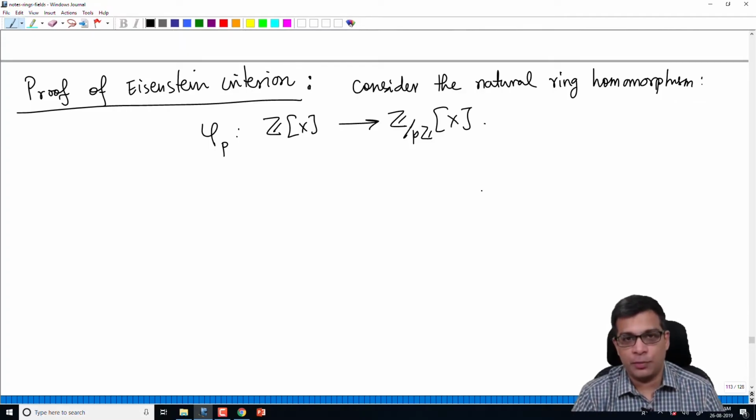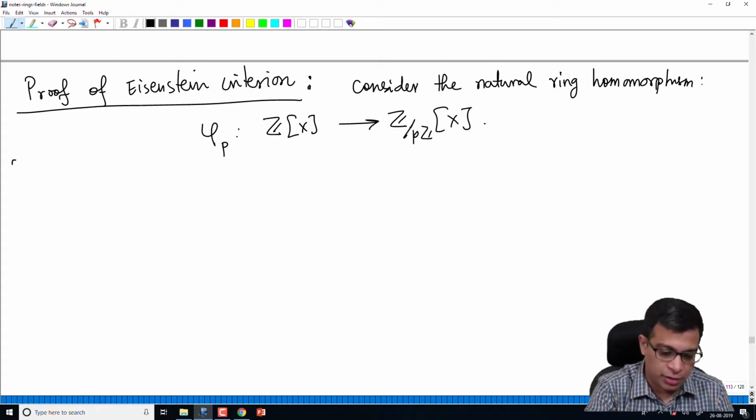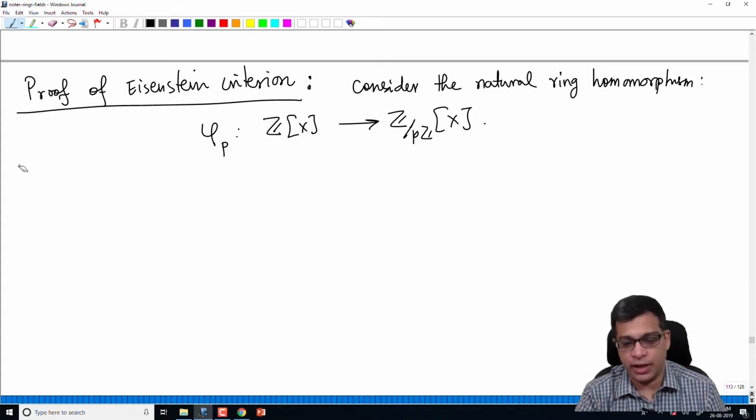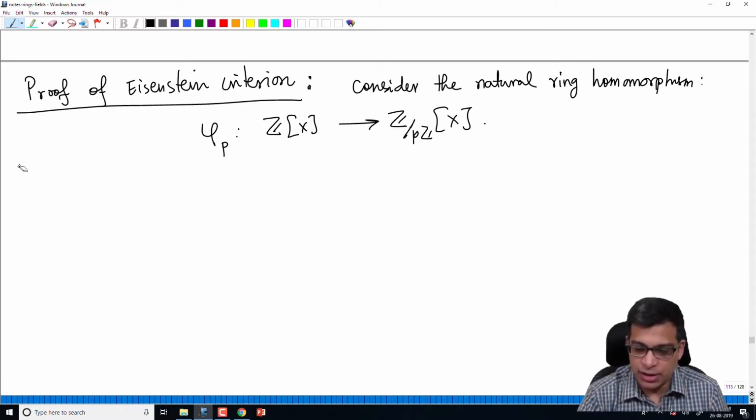It takes a polynomial and simply changes the coefficients by their residues mod p. So we are given a fixed p, right? p is that fixed p given in the statement of the Eisenstein criterion. p is a prime integer that divides all the coefficients of f other than the leading coefficient, and also p squared does not divide the constant. So for that we consider this.